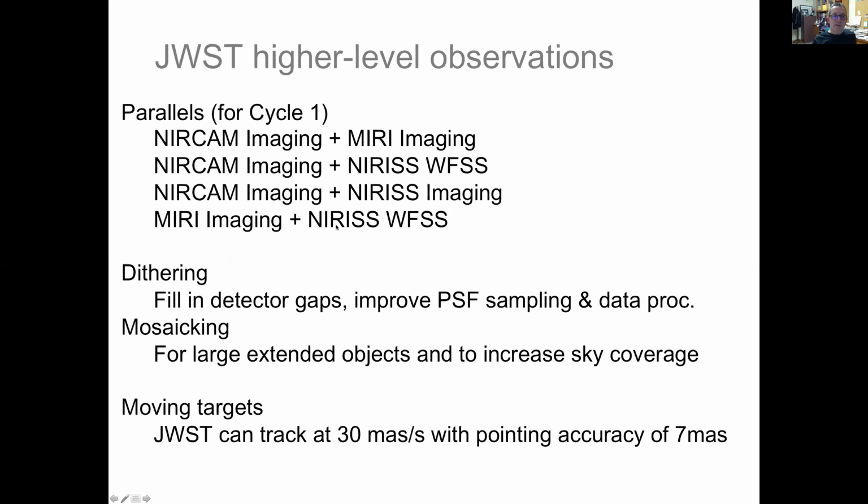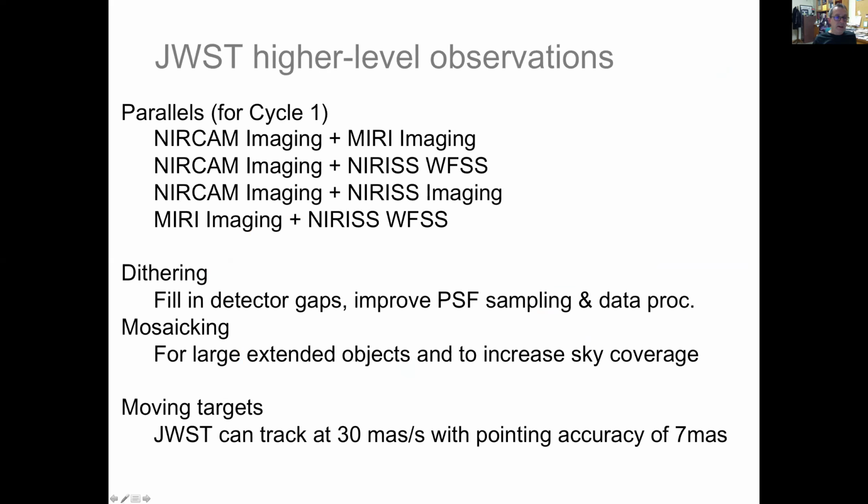We did not have time to discuss dithering. You remember the footprint of the NIRCam detectors where there are gaps. Obviously, you need to observe various dither positions to fill the detector gaps, and also to improve the PSF, especially at longer wavelengths. And there's also the capability to do mosaicing, to map large regions of sky that are bigger than the field of view of the instrument.